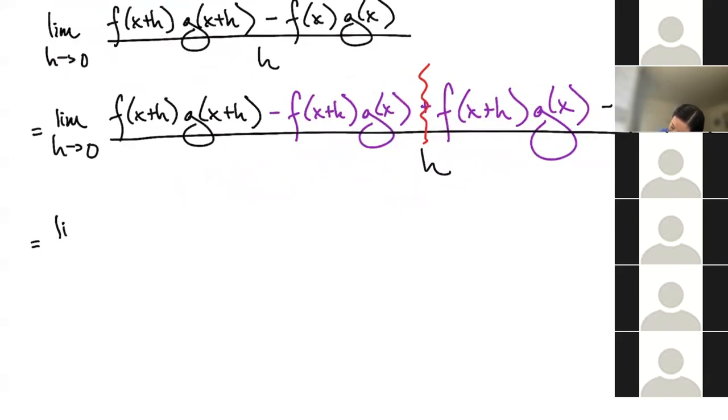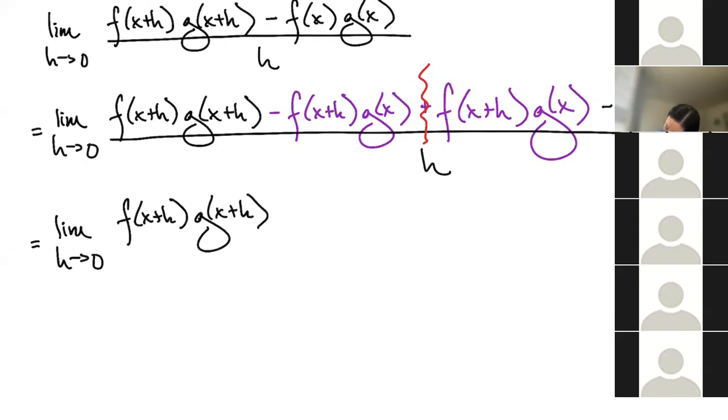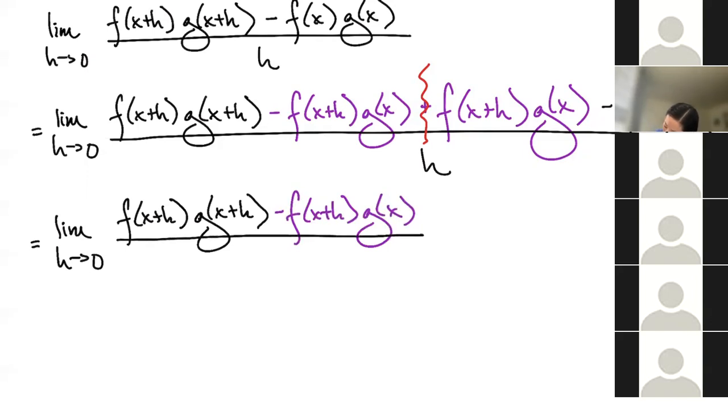I'll get the limit as h approaches 0 of f of x plus h, g of x plus h, minus f of x plus h, g of x, all over h.